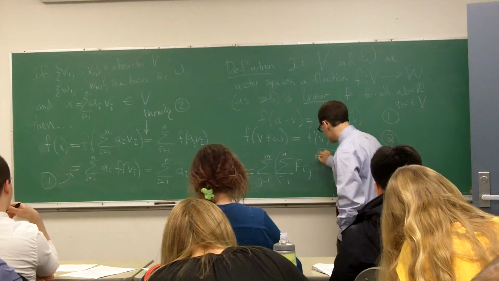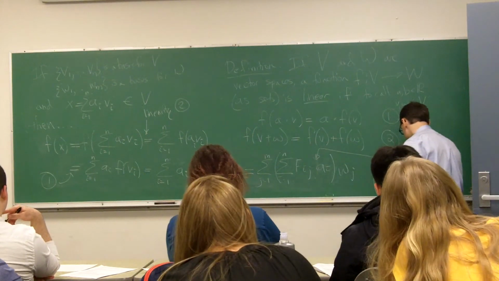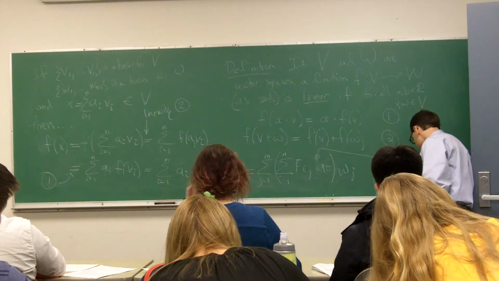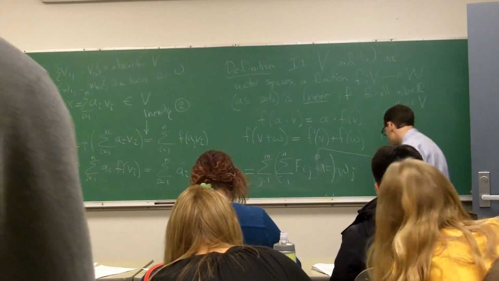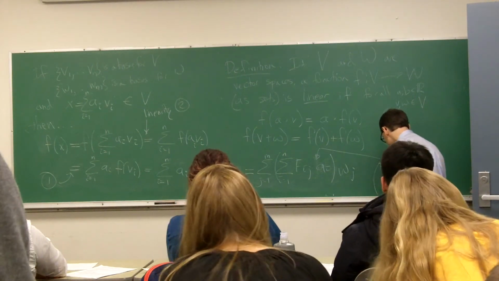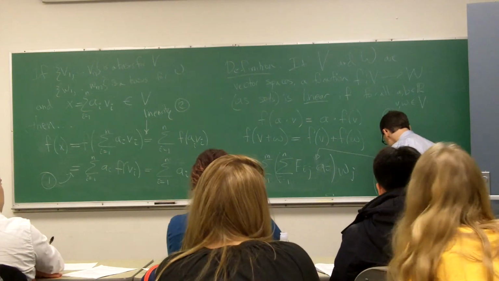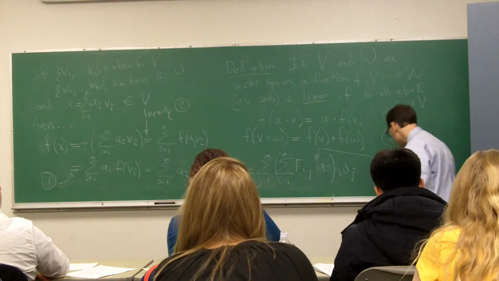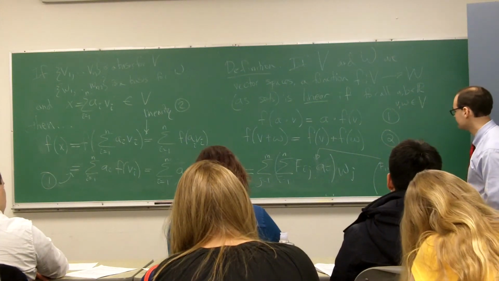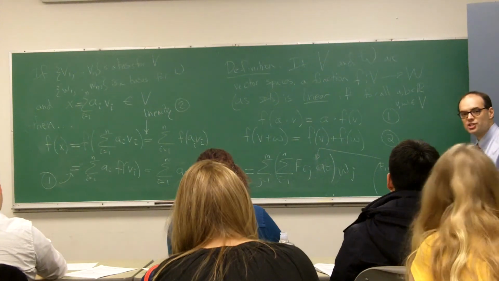What's in the parentheses is what you would normally write with row into column. Matrix multiplication, row into column, matrix multiplication. So this is matrix multiplication.